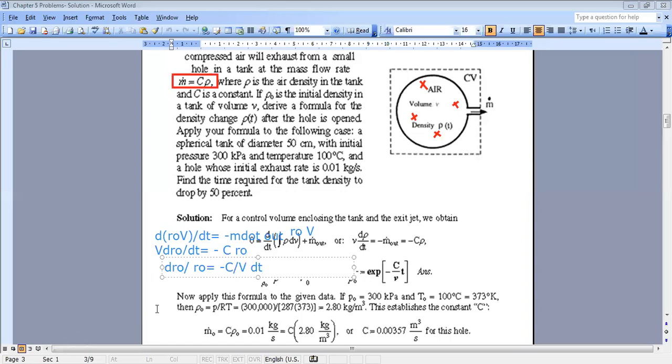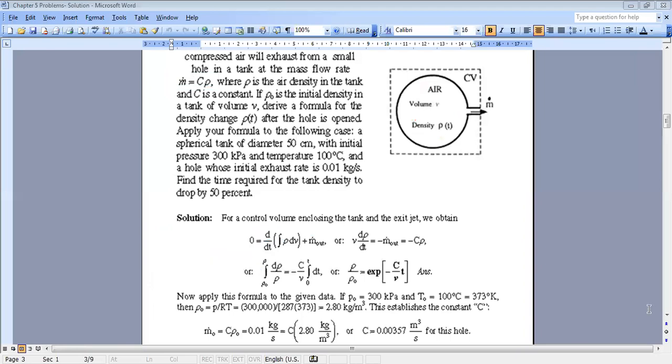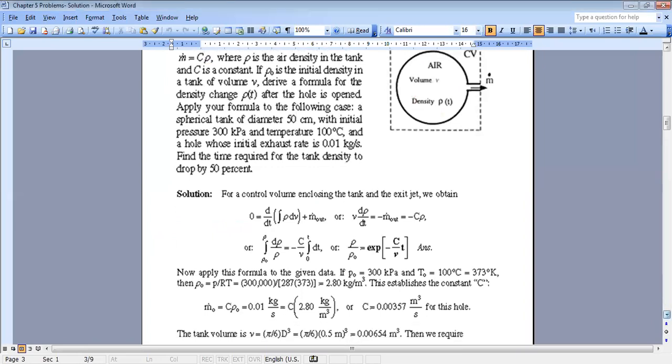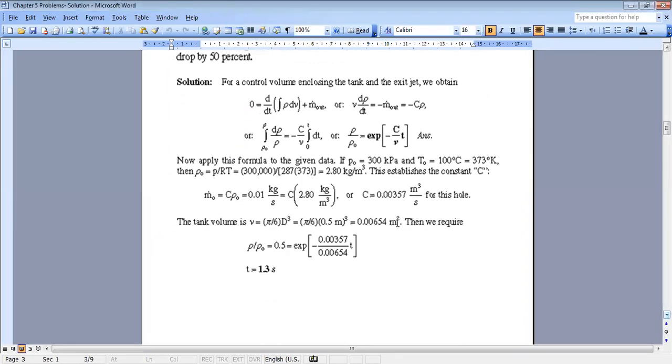Now all I have to do is integrate both sides: the first side between rho 0 and rho, and the second side between 0 and t.